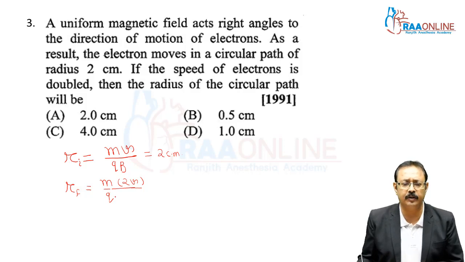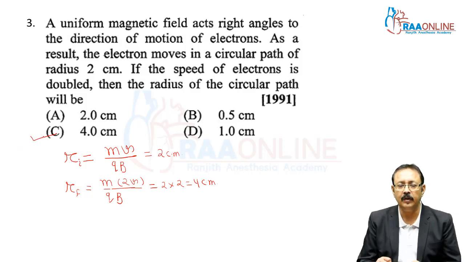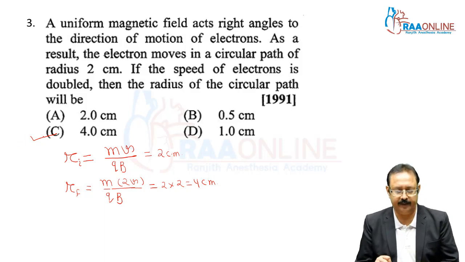Magnetic field is also same, so putting B. So in place of mv by qB, I am writing 2 cm. So now I am getting final radius 2 into 2, 4 cm. So I am going with C. So the correct answer was C.